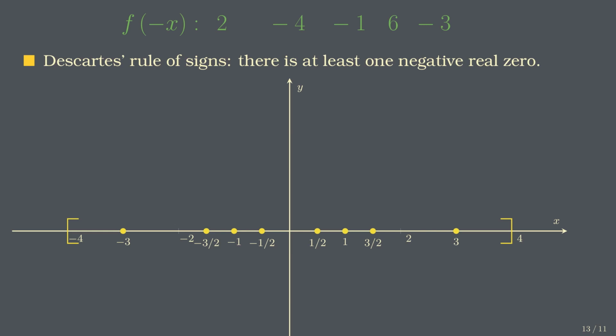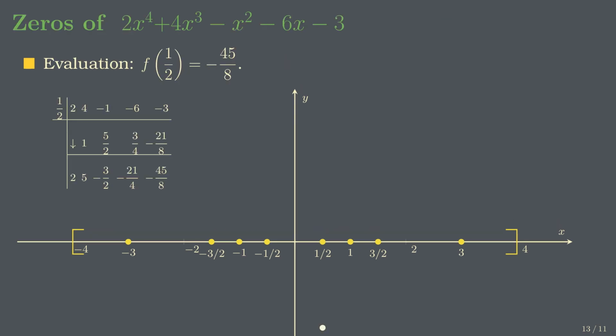Because we already know that f of x has exactly 1 positive real zero, we can start by evaluating f at the least possible rational zero, meaning f of 1 over 2, using synthetic division.